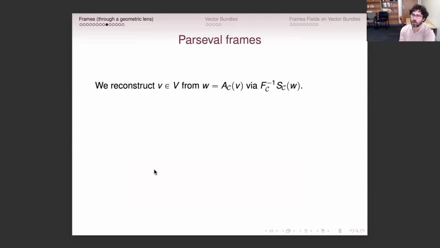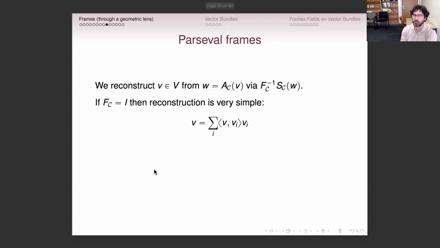Okay, a type of frame that I'm going to focus on that's going to be quite nice are so-called parsable frames. I talked recently about how you do vector reconstruction using the Moore-Penrose pseudo-inverse. A really nice instance of this would be if the frame operator was actually the identity operator on my vector space. As I said before, there's no reason for V and the frame operator to be related to one another, but you could imagine a situation where that is the case. In which case, it's very simple to reconstruct my vector.